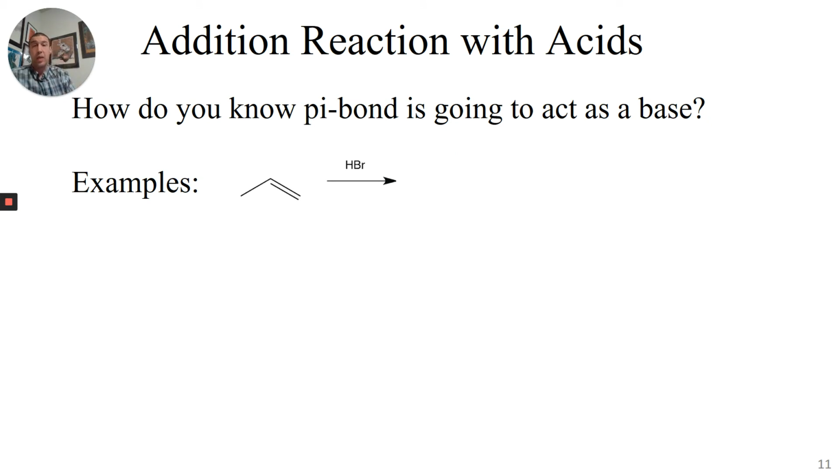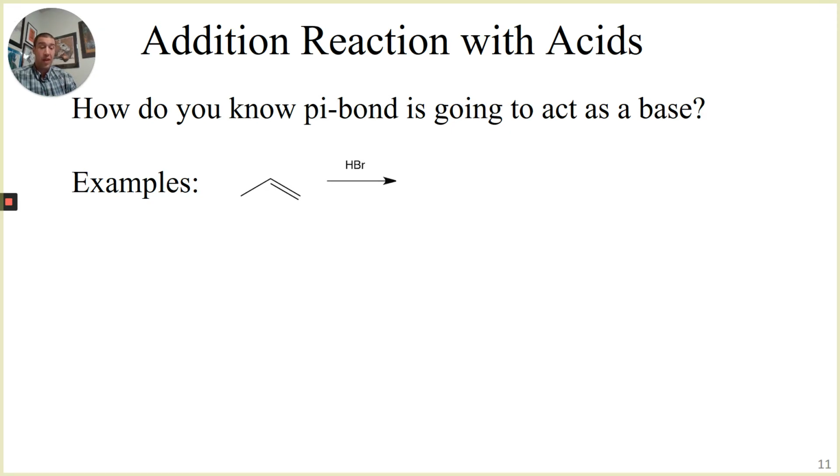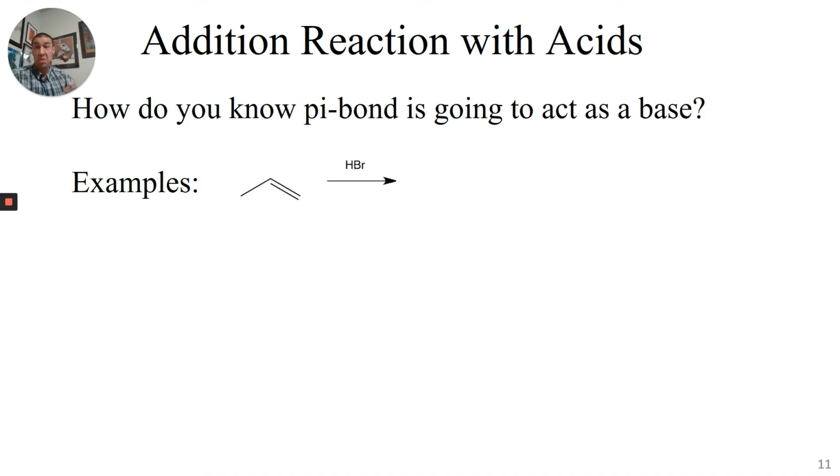So as an example, how would we know if we were looking at this structure that our pi bond was going to act as a base? Right? And that is in itself kind of a misleading question, because that puts the focus of this chemistry on the alkene. Well, is that an appropriate focus? Should our focus be on the alkene? In a standard organic chemistry textbook, you'd say, well, yeah, because it's organized by the alkene chapter.